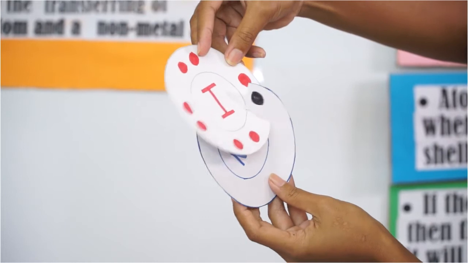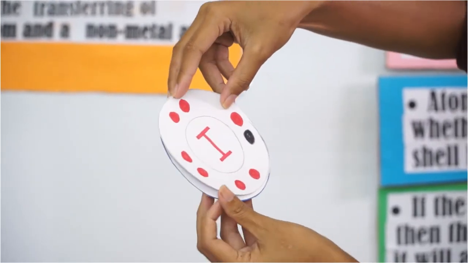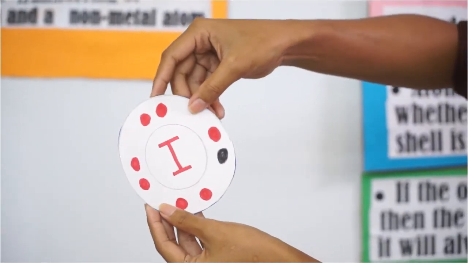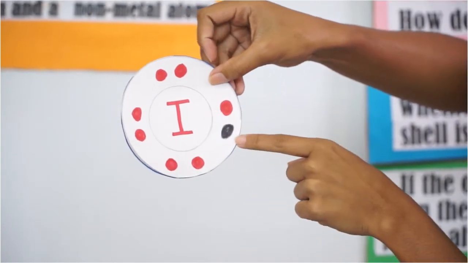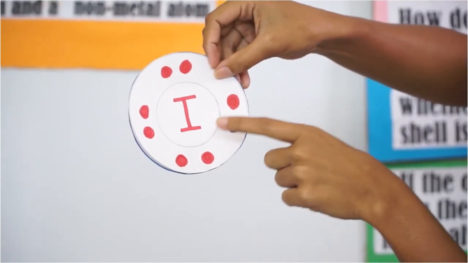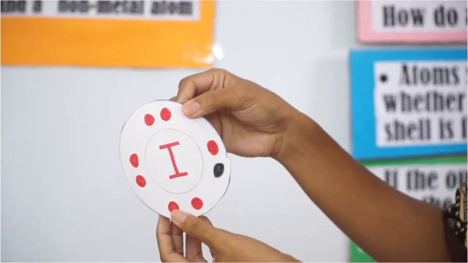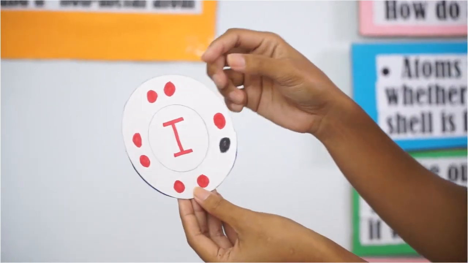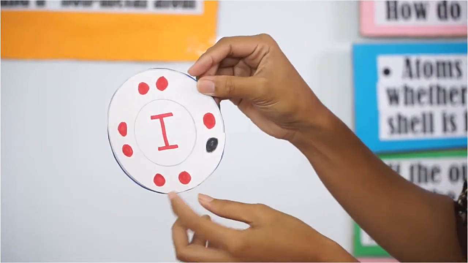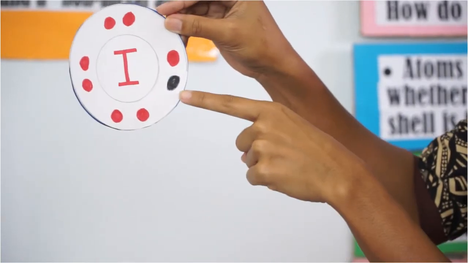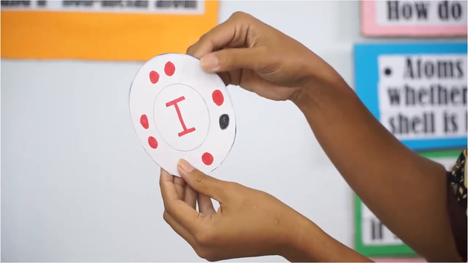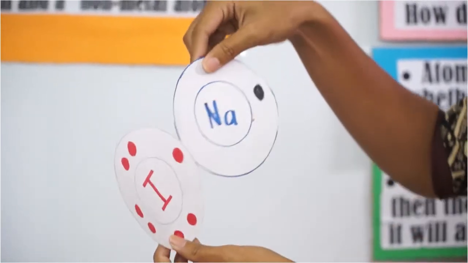Sodium, from the metal atoms, has 1 valence electron, and chlorine, from the non-metal atoms, has 7 valence electrons. It is hard for sodium to find 7 electrons to fill up its outermost shell, but it's easier for chlorine to find 1 electron to fill its outermost shell.